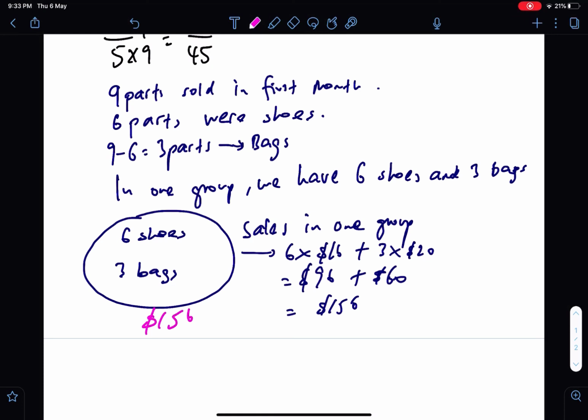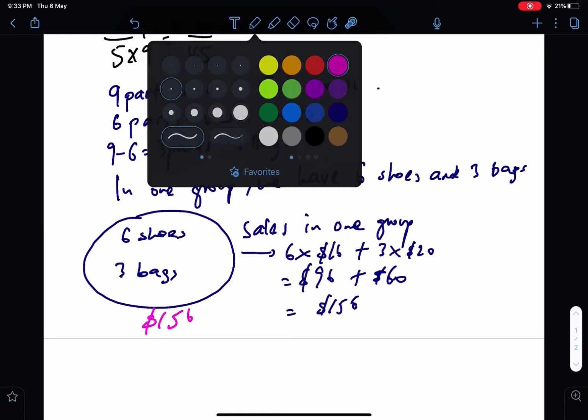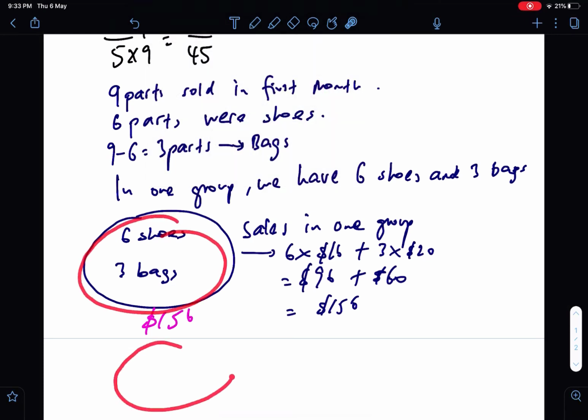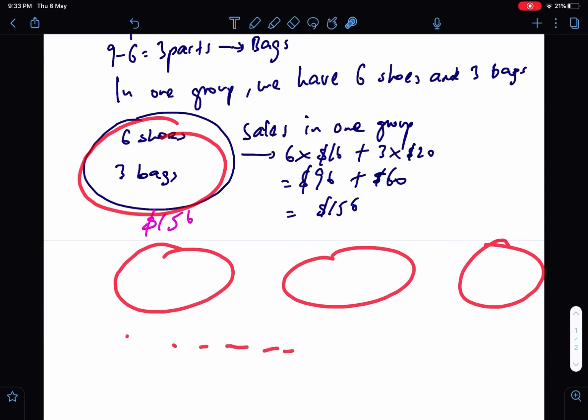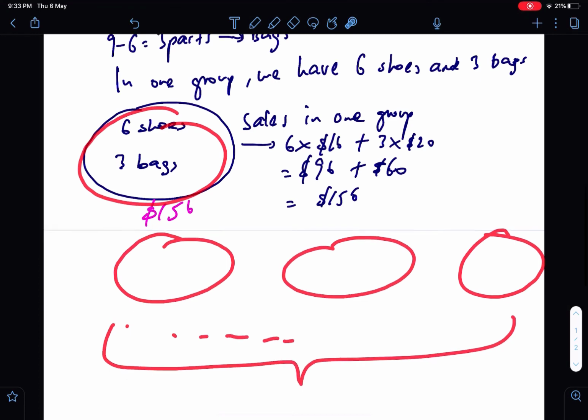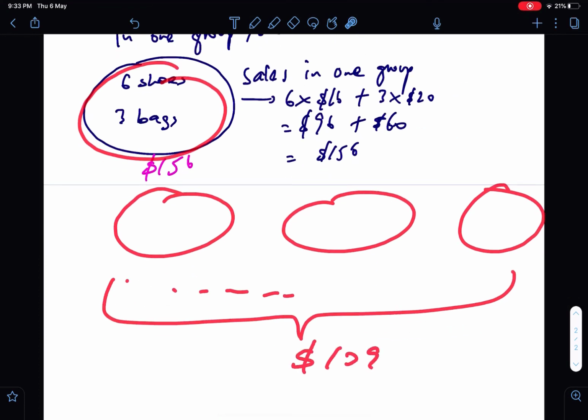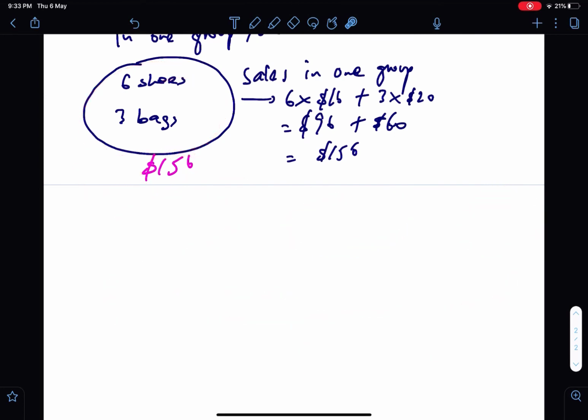So there are many of these groups. There's one here, then maybe another one here, another one. In total, with so many groups, I must get 1092 in sales. If it is just $156 in sales, then you only have one group of items.